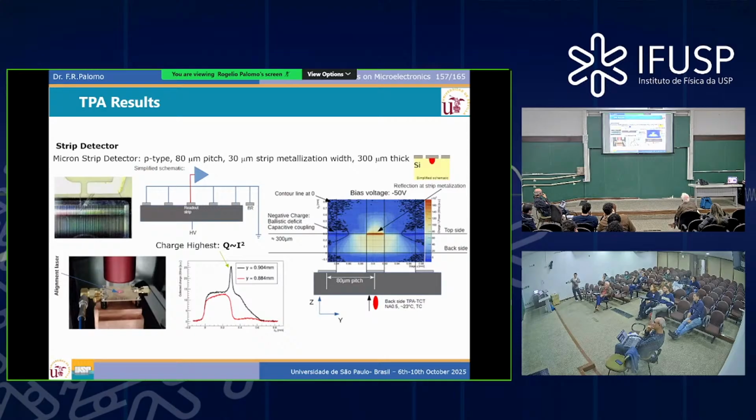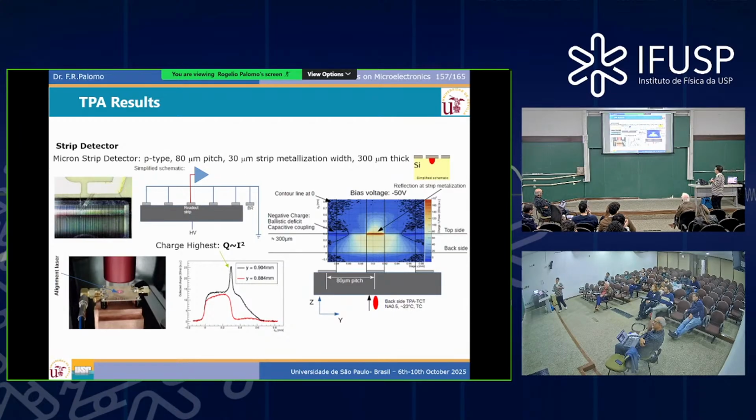TPA. There you can see a real image of the electric field in the device, because basically the amount of signal you get when you excite the device is proportional to the electric field in the device. So there you can see that in the edges there are no signals because the electric field is basically nil in the edges of the device.